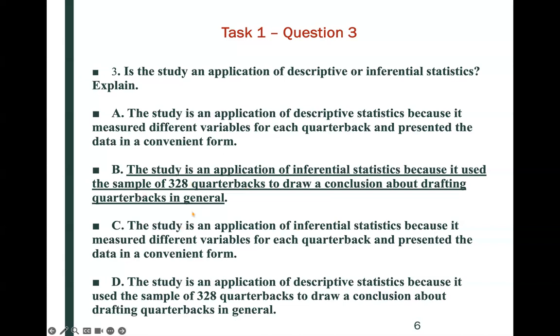So this goes back to making statements about the population. We were able to draw conclusions about drafting quarterbacks in general because it used the sample of 328 quarterbacks.